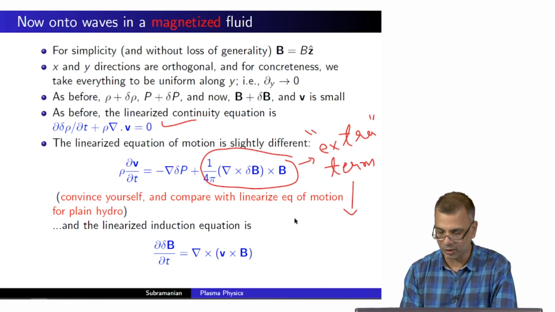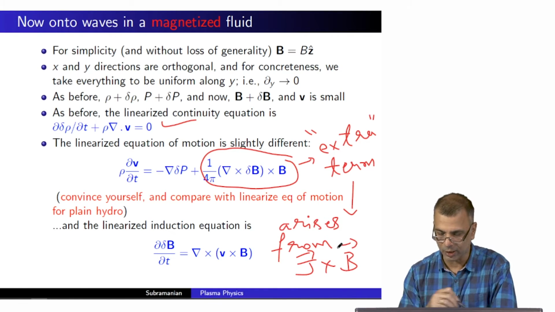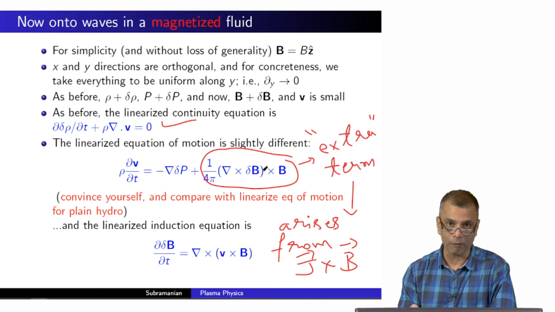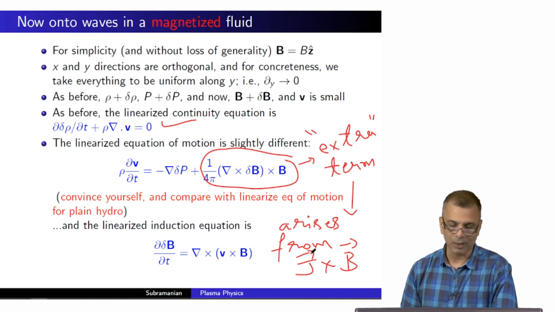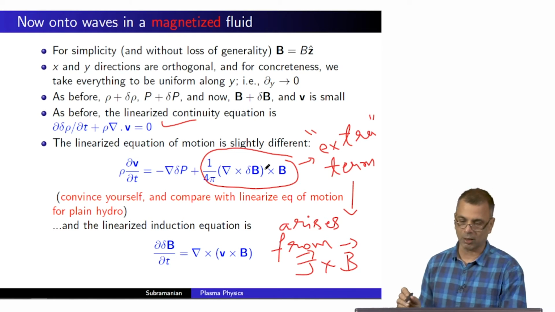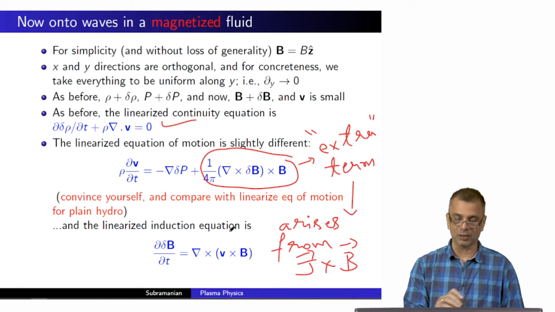It arises from the Lorentz force term, which is J cross B. But this is not J cross B itself, and that needs to be kept in mind. This is the linearized version of J cross B, and J is simply curl of B. So that's the extra term, and the linearized equation of motion, neglecting viscosity of course, is that, and the linearized induction equation is this.